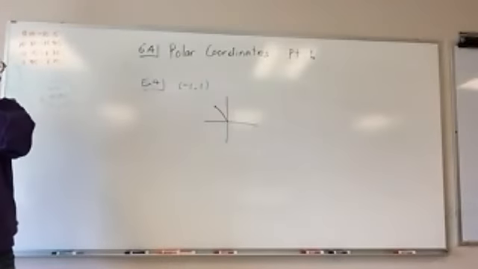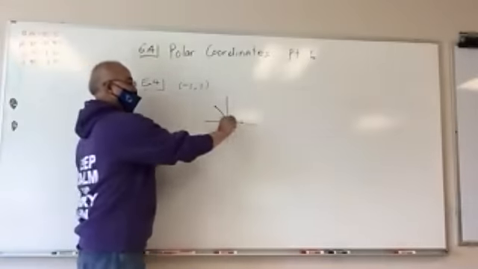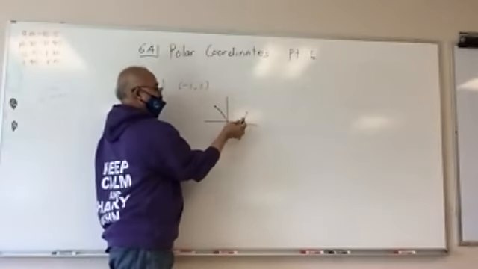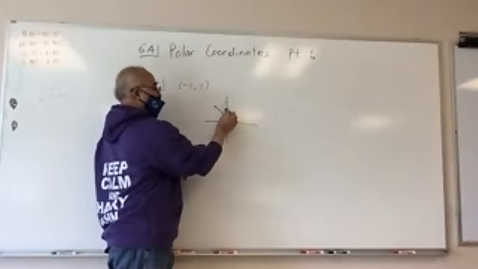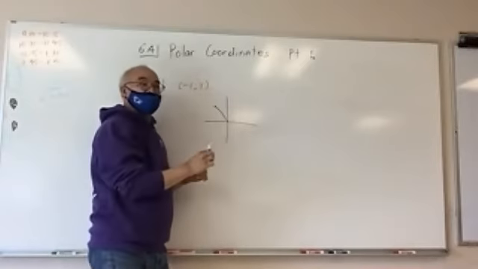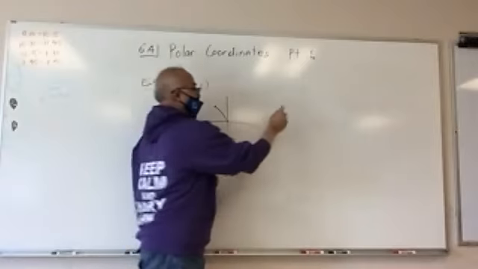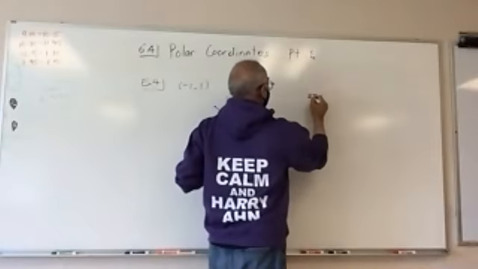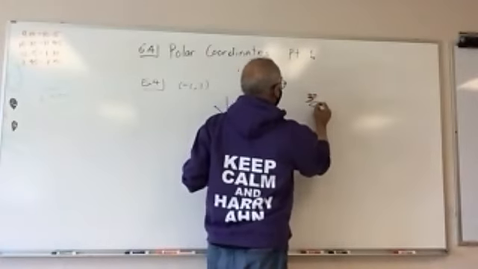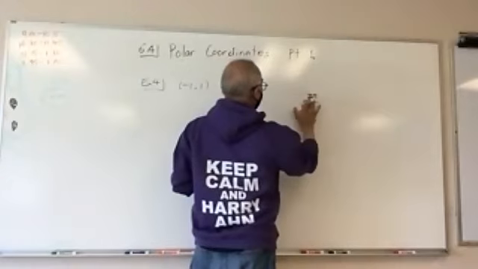So what degrees did I go? From here, how many degrees did I go? I went 90 degrees and 45, right? So it's going to be 3 pi over 4. So my angle is going to be 3 pi over 4.